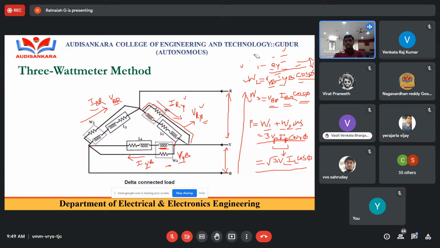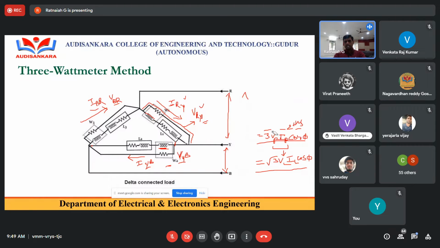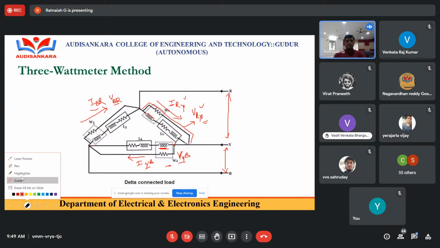Therefore, those calculations will become different, because the power factor of the first phase will be cos phi 1, the power factor of the second phase, the second wattmeter reading, is cos phi 2, and the next wattmeter reading power factor is cos phi 3. Then three different loads are there. Therefore, the power factor of different branches of the load will be different.